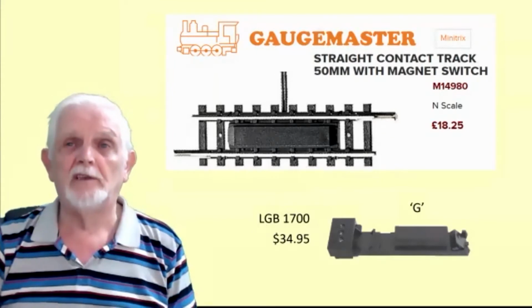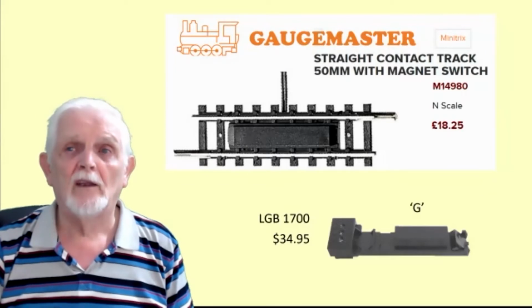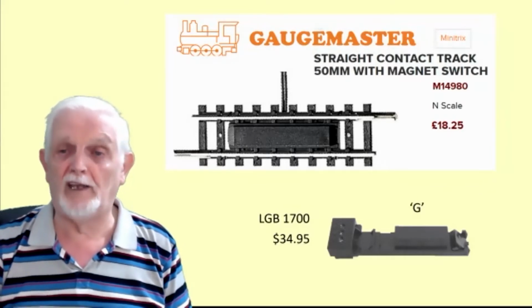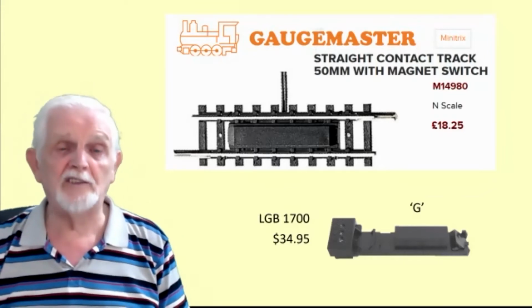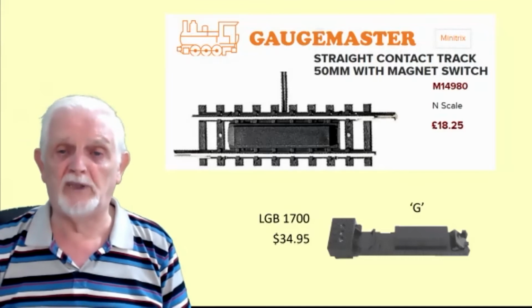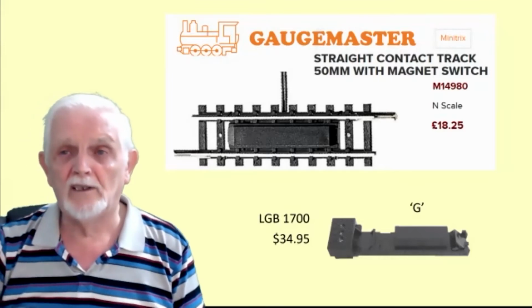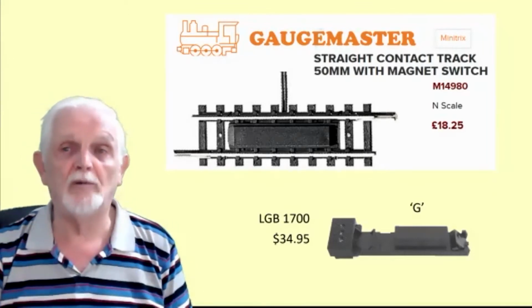As a price, Gaugemaster will sell you one for £18 for N scale, and LGB will charge you $35 for a G scale version. And all that's inside these is just a piece of plastic, and inside you've got a reed switch. I don't know why you need to pay £18, gents, to get that, but people do, otherwise they wouldn't make them.